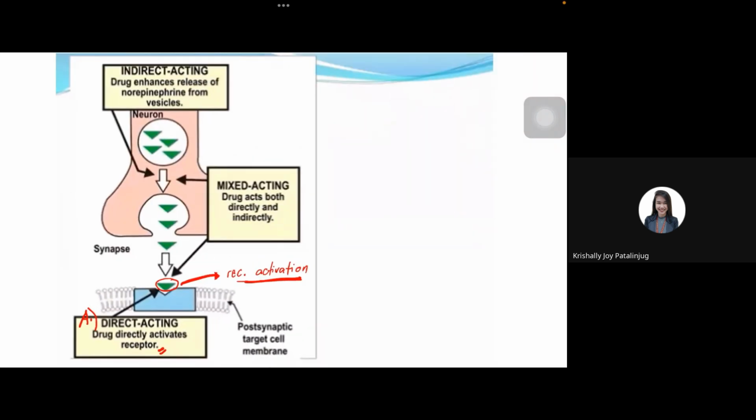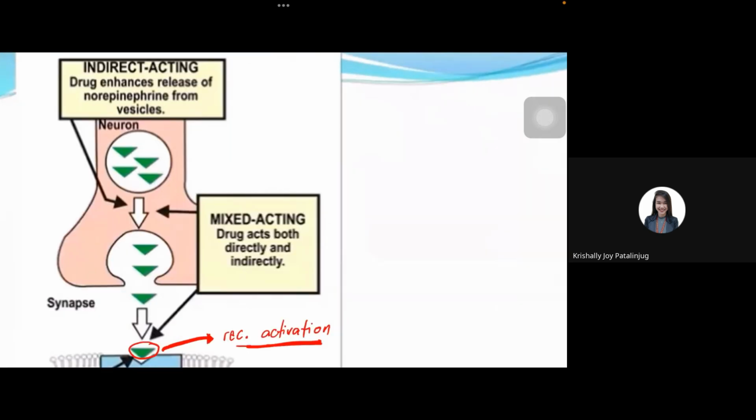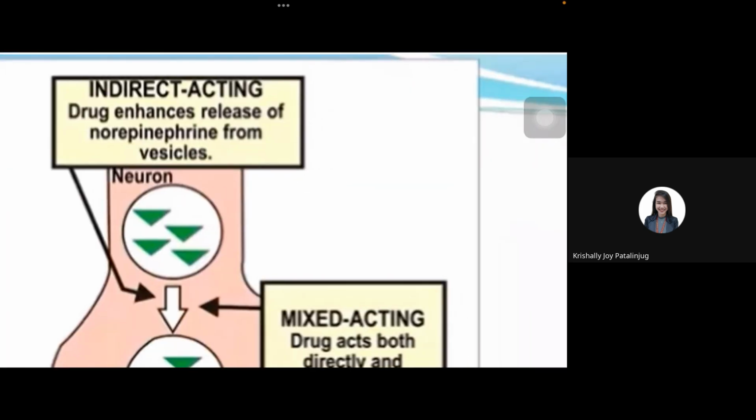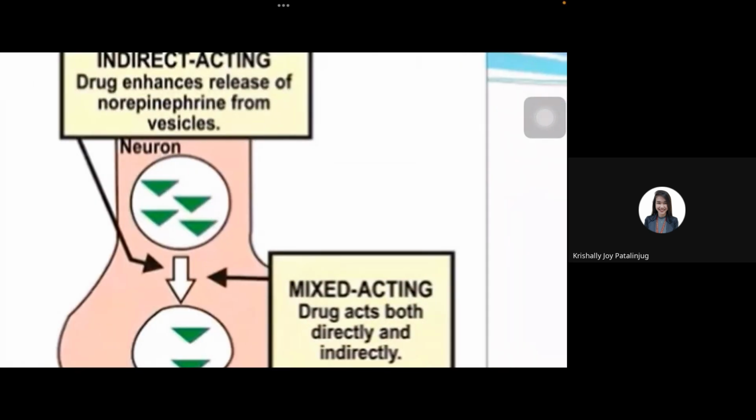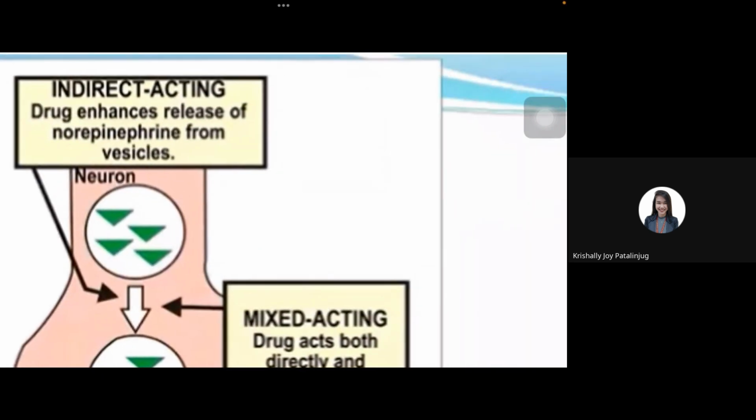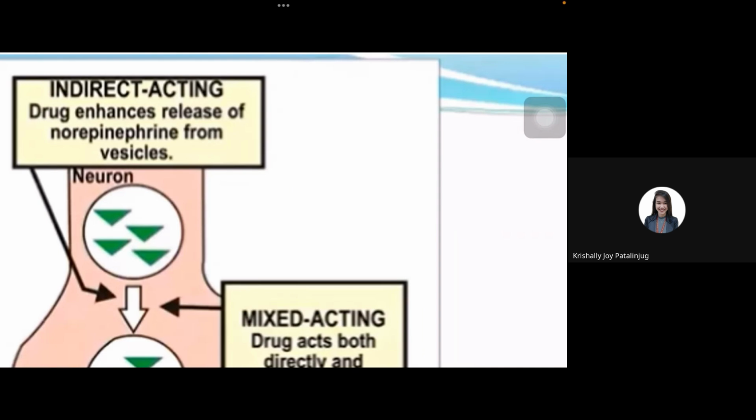Okay, next, with regards to indirect acting, sabi dito, you have a drug and the drug will enhance release of norepinephrine from vesicles. Okay, so kumbaga, sa indirect acting, yes, it will also enhance the sympathetic outflow na e-induce niya yung sympathetic effect.